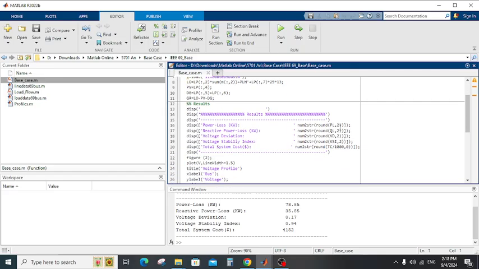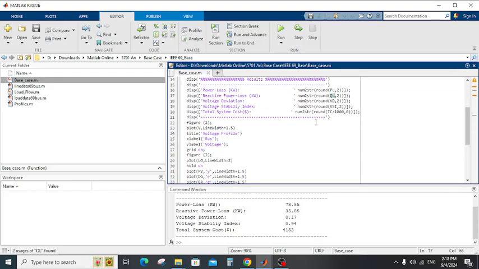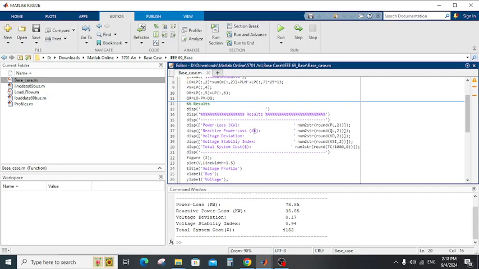It prints the power loss coming from the load flow, the reactive power loss, the voltage deviation, the voltage stability index, and the last one is the total system cost for the base case.